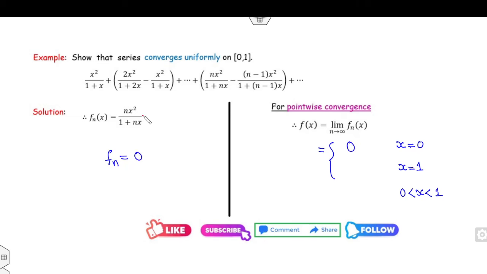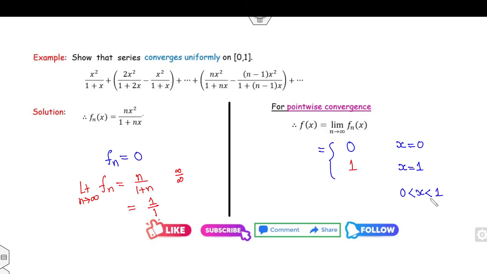If x is equal to 1, fn(x) is n over 1 plus n. Taking the limit as n approaches infinity, this is an infinity over infinity form, so I can apply L'Hopital's rule. It is 1 over 1, so the answer is 1.